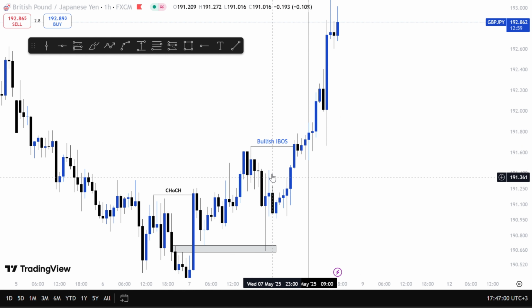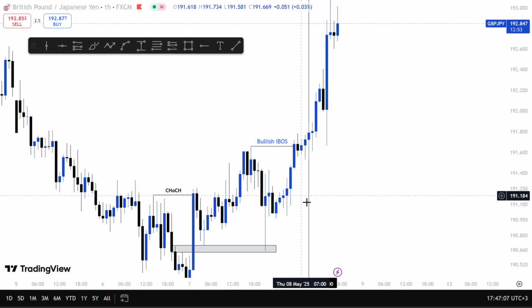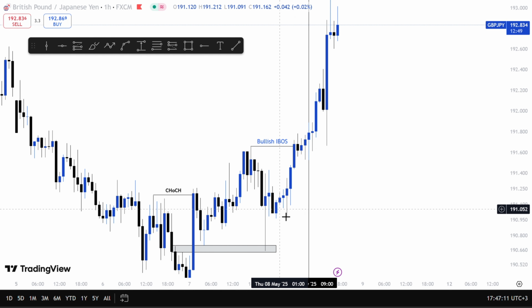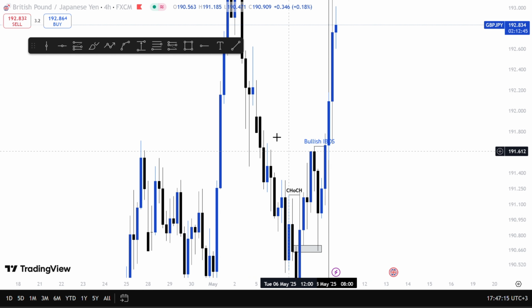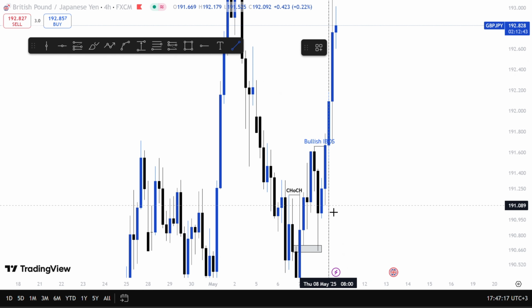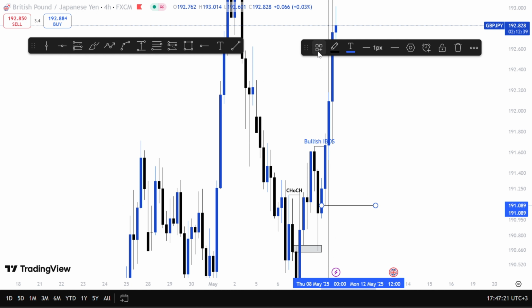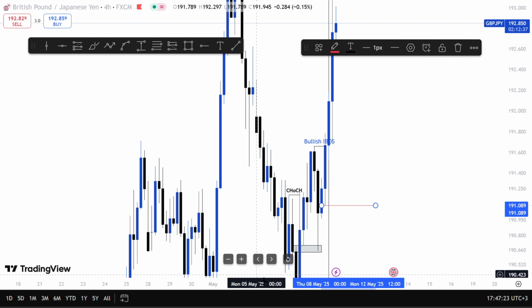So my thinking was that we've just broken this structure, maybe we'll look to take trades below here. And if you look at the 4-hour very well, the most likely area to take a trade from our methodology is actually here, and we do mark this as a 4-hour level.